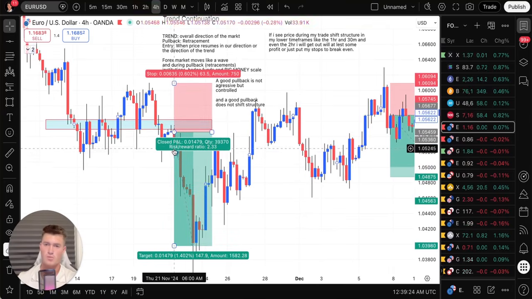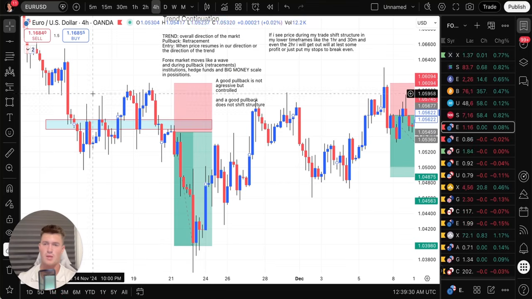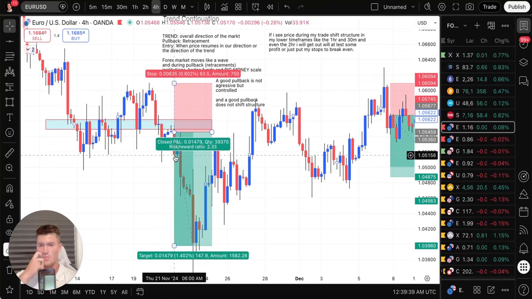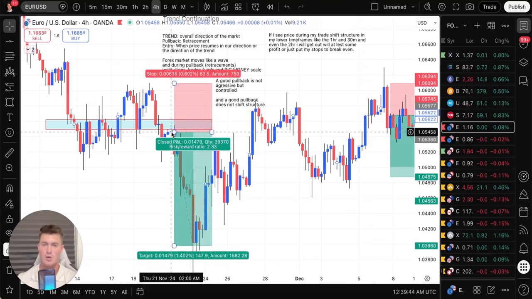So if this pullback right here came up and above here, see we're bearish, we had our lower high, lower low, market structure, market structure, market structure, market structure. Boom. We actually broke below here, now making this the lower high and this the new lower low.